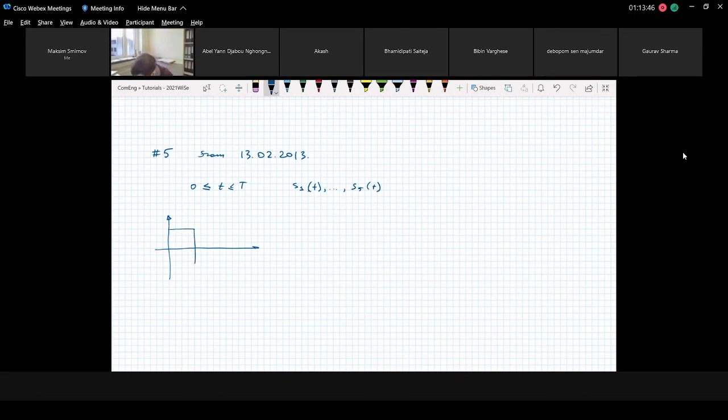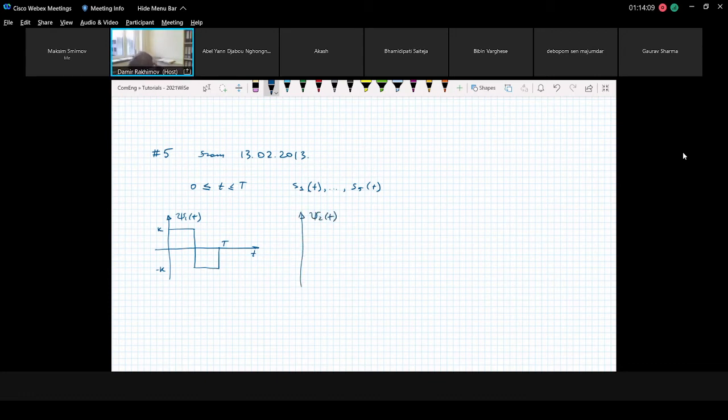Okay, you know that the first basis function has the following shape, but you don't know the amplitude. It goes from minus k to k, and k is not specified. It's unknown. You don't know anything about the second basis function.